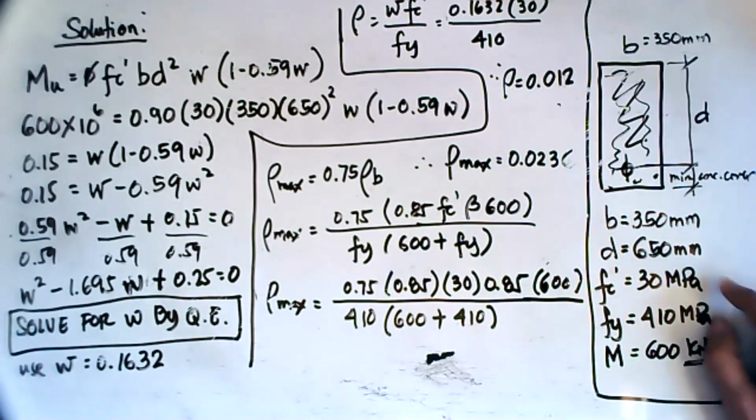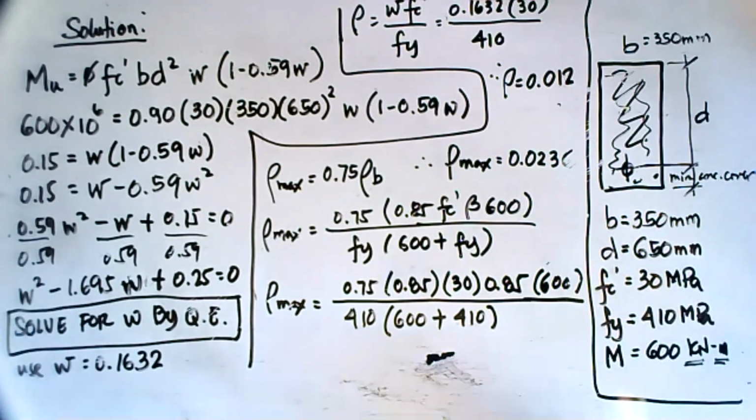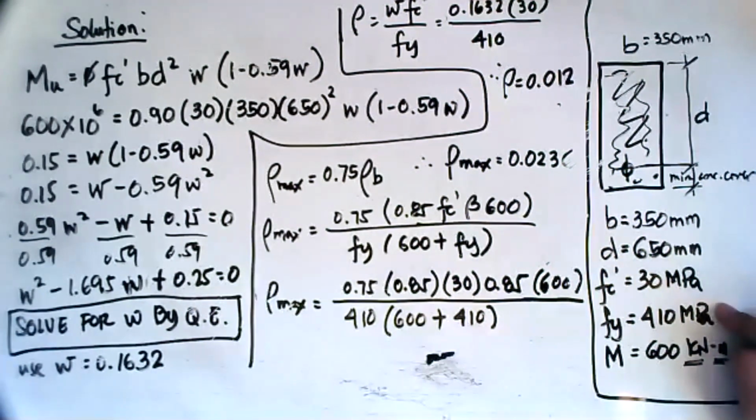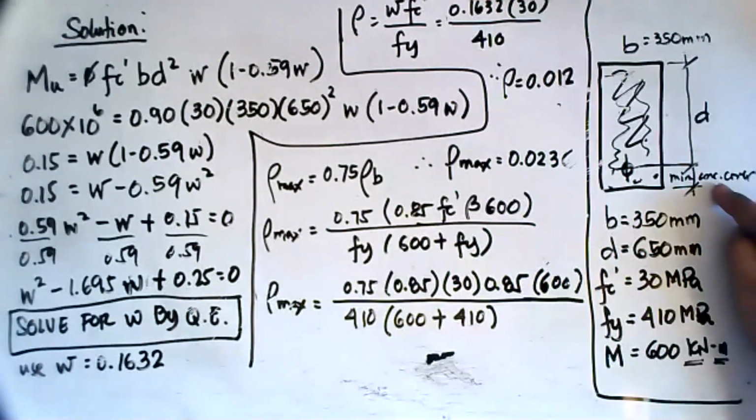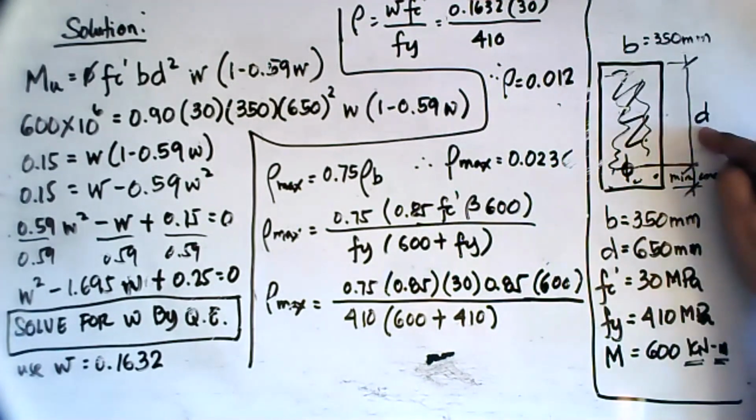Fc prime is 30 megapascal, so that is the compressive strength of concrete. Fy is 410 megapascal, or the yield strength of steel. The moment is 600 kilonewton meter, and the minimum concrete cover is 60 mm. So the effective depth is 650 mm.